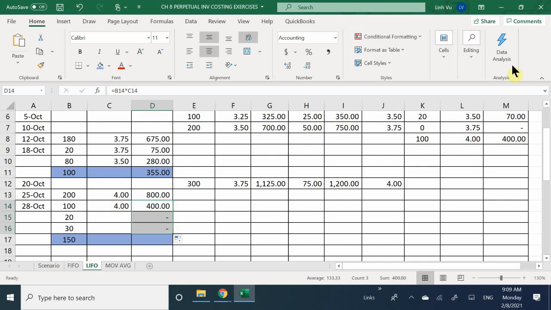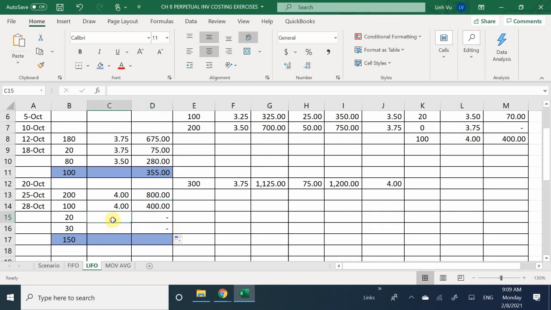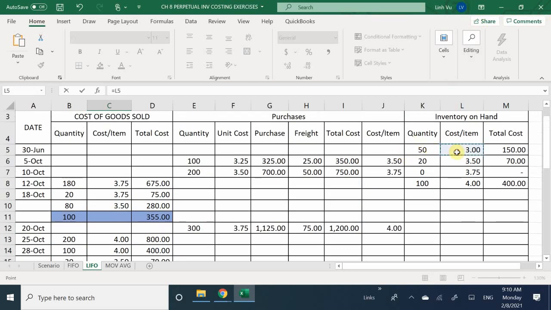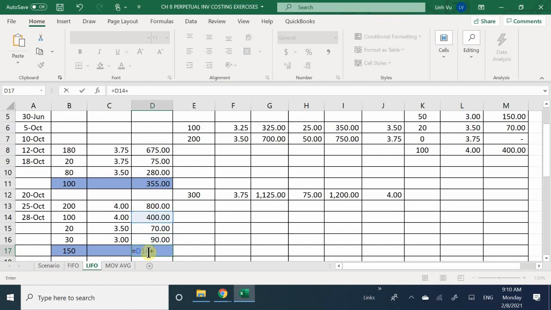And we know that my second batch of 20 is for $3.50, which is the full $70, so no calculation is necessary here. And then lastly, we're dipping into the very first batch from our beginning inventory for $3. So 3 times 30 is going to give us $90. And of course, you can add all these up as well.